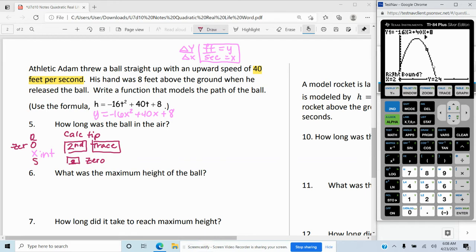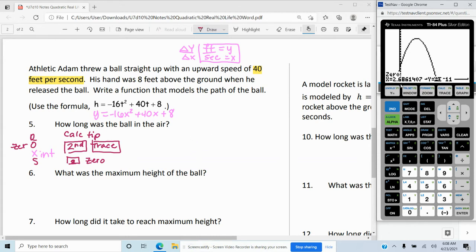Then I want to go to the right, and it needs to go below. So it went below because it dropped off the graph. Now hit enter. I don't want to guess. And ladies and gentlemen, it actually gives me my zero right here, at the value of 2.686.